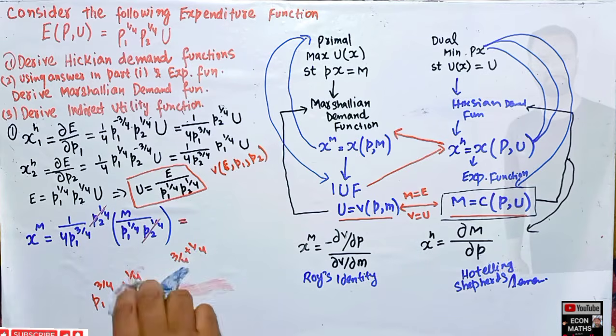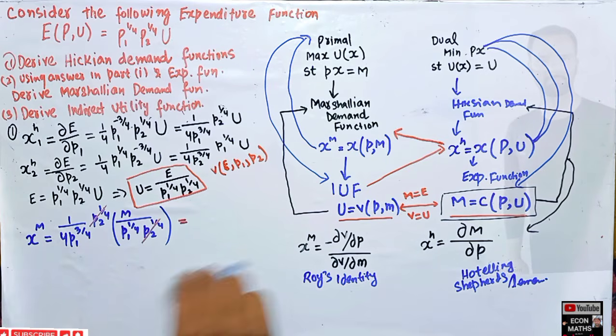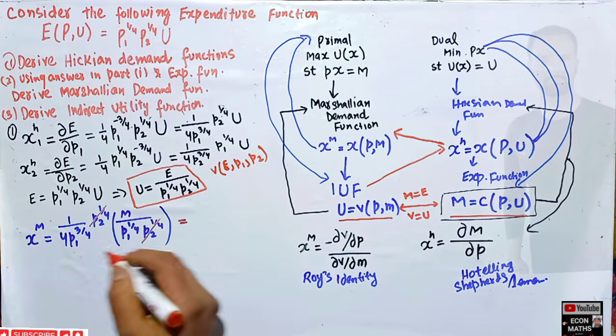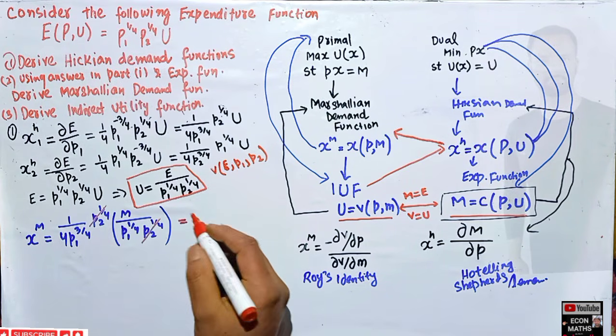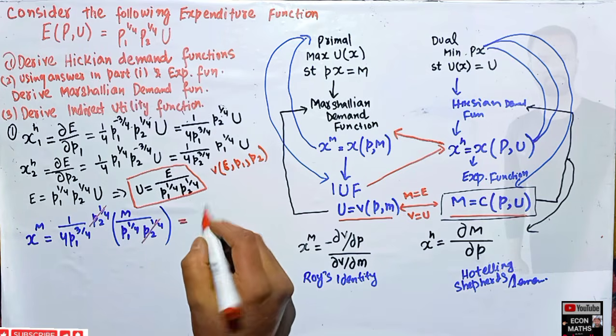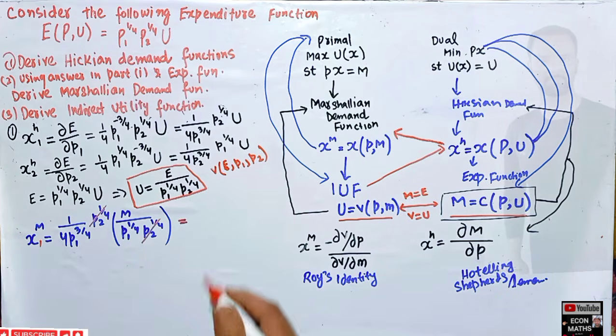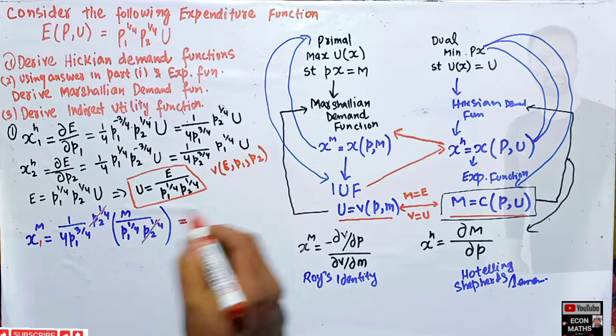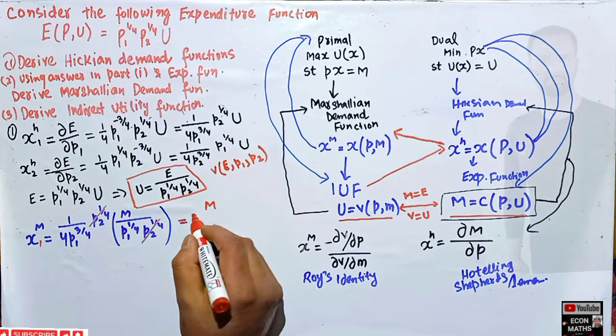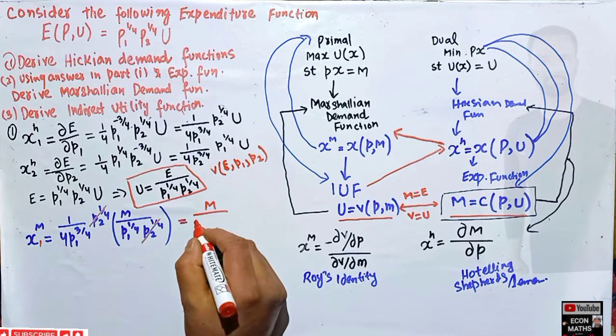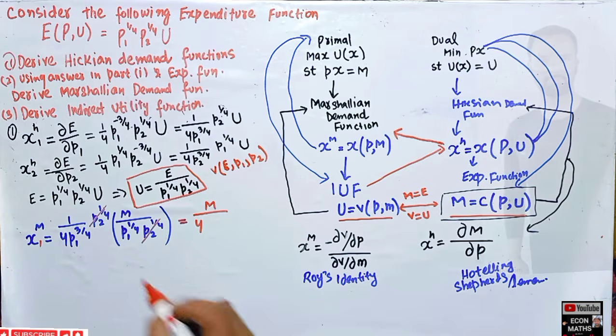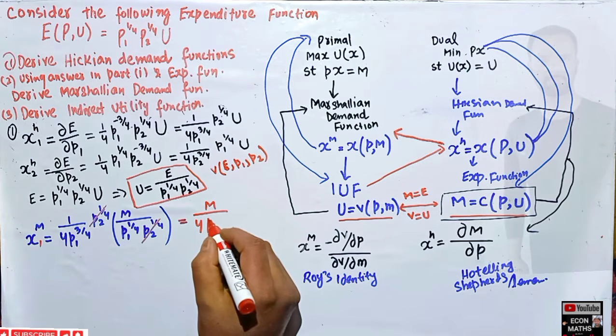Actually I have plenty of space here. So if we manipulate this, it will come out to be m here, then we have this 4. When dividing by p1 and p1 here, we get only p1.